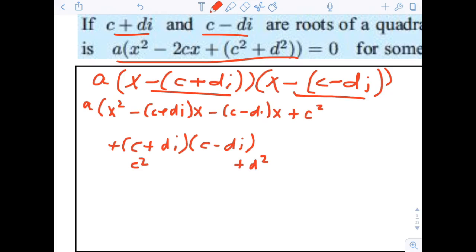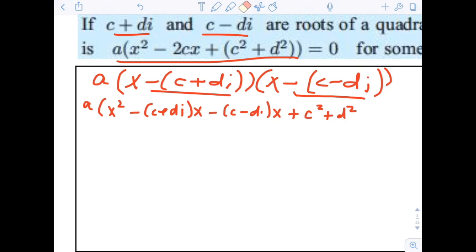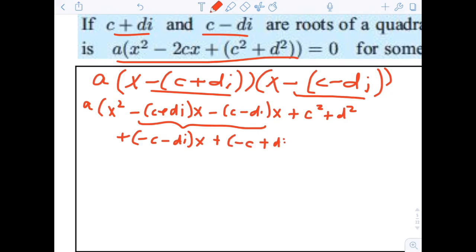So basically it's c squared plus d squared. Okay, and now let's simplify this. So we have minus c minus di times x, minus c plus di times x.